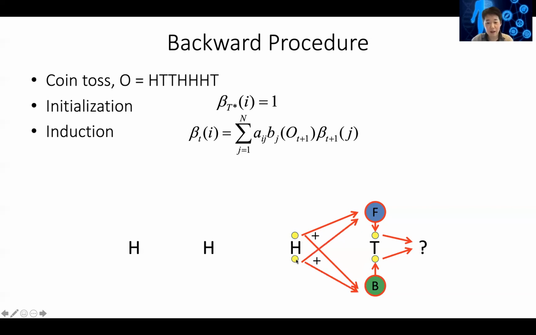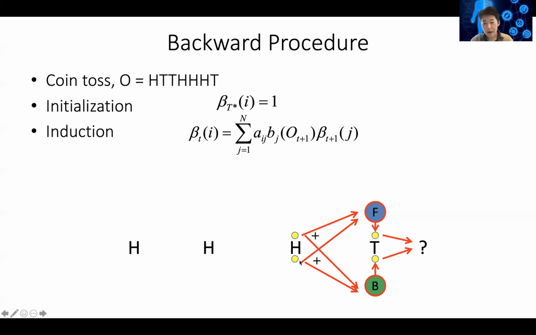The same thing here. If we want to calculate the probability of using a biased coin at this location in order to see the coin flip after this, which is T here, it's a biased coin to fair coin transition, the fair coin emits a tail, and inherit everything after.